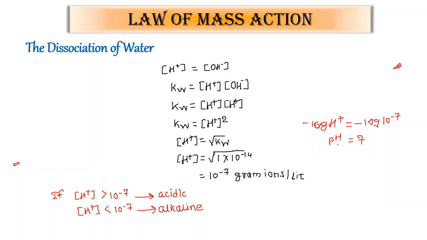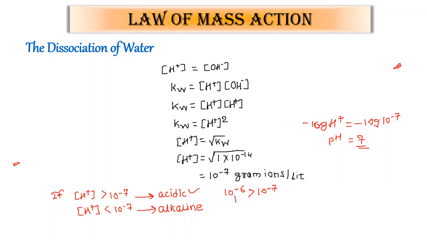Now if the value of pH is 7, we say that solution is neutral. If the value of this pH comes less than 7, that is the concentration of H ions greater than 10 to the power minus 7. So I will say 10 to the power minus 6 value is greater than 10 to the power minus 7.